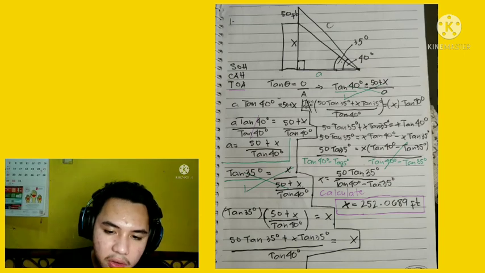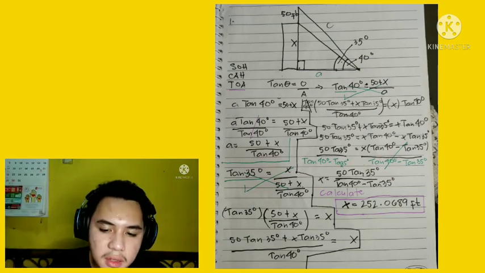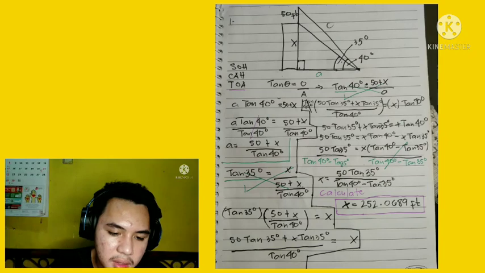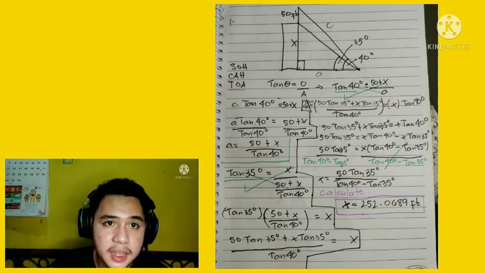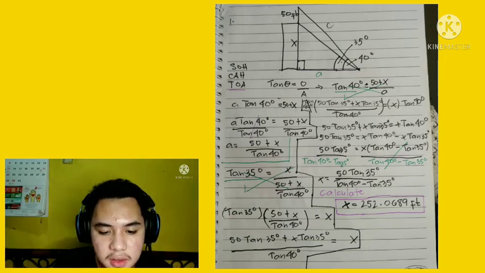So we can cross multiply them. So we will get a tangent 40 degrees equals 50 plus x. So to get our a, divide both sides by tangent 40 degrees. So we have now a is equal to 50 plus x over tangent 40 degrees.